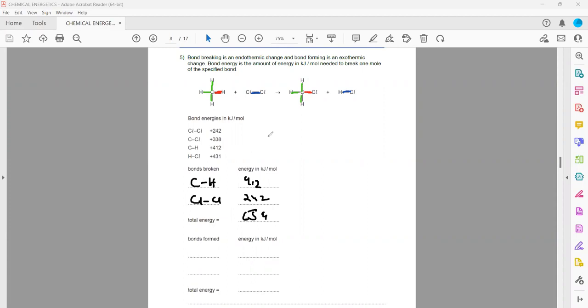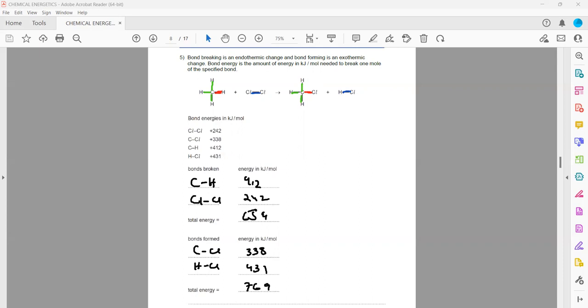Then bond forming, if I take only C-Cl, the carbon and chlorine bond, that is 338, and H-Cl, that is 431. So this will be 769.